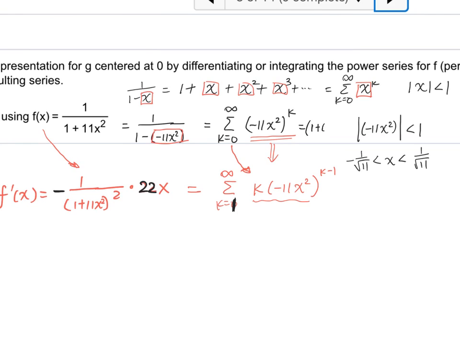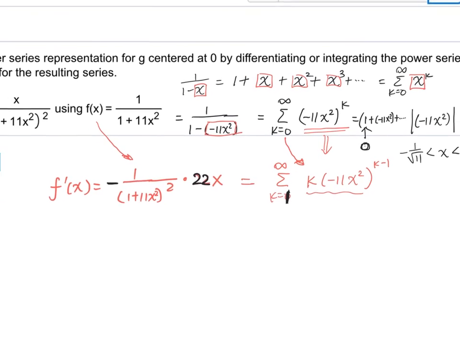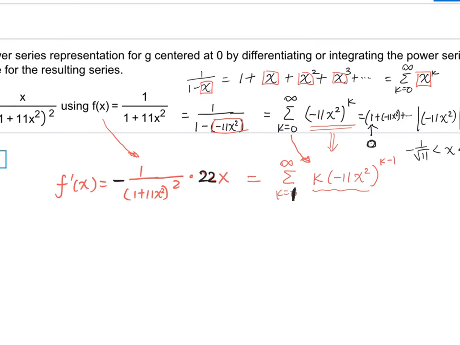The second term you have is negative 11x squared. The next term you have is negative 11x squared, quantity squared. So the derivative of 1 will give you 0. That's corresponding to the term when k was 0. So that's why I changed this k from 0 to 1 to reflect this 0 term when you find the derivative. So now this is the power series representation for F prime.